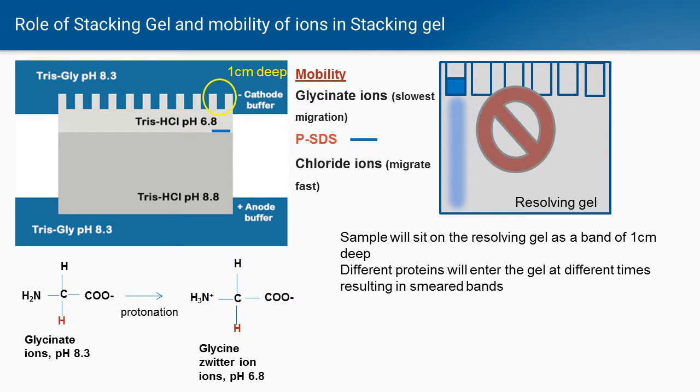So don't rely only on the resolving gel. Although in some experiments only the resolving gel is used, that is different. Generally we use a two gel system, stacking gel and resolving gel.